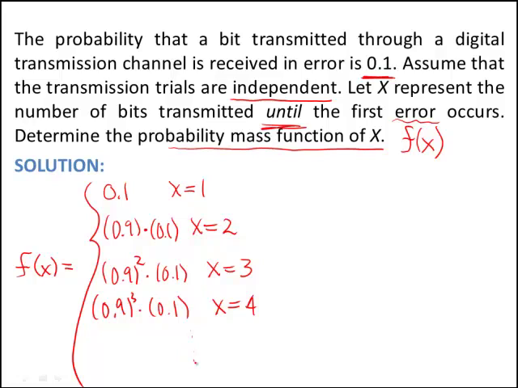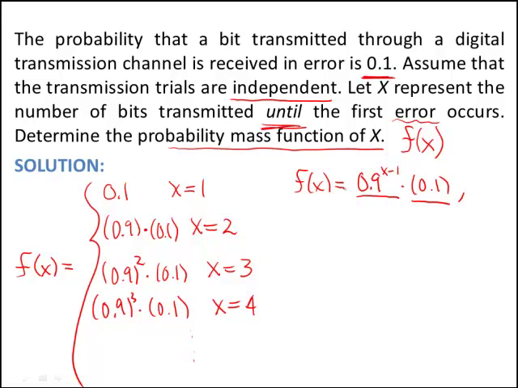But I think you can see now that we can write this more compactly. Let's write this for any X instead of writing it as a piecewise. In that case, f of X is equal to 0.9 raised to the X minus 1, times 0.1. This is saying the previous X minus 1 trials were successes, times the last trial was the failure, or the one that was an error.